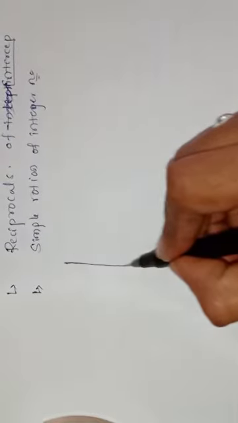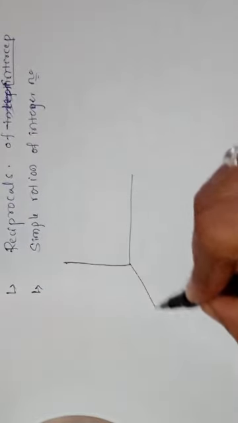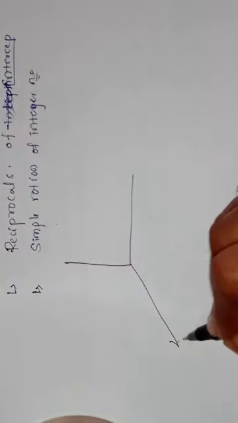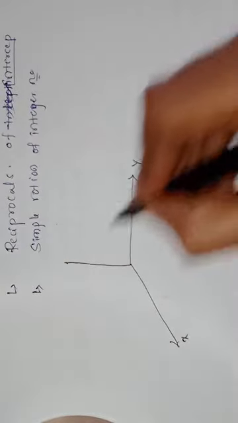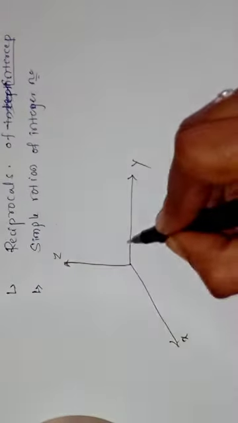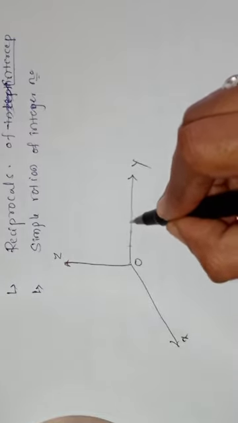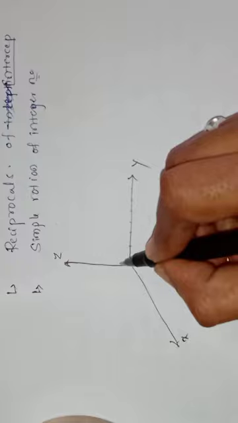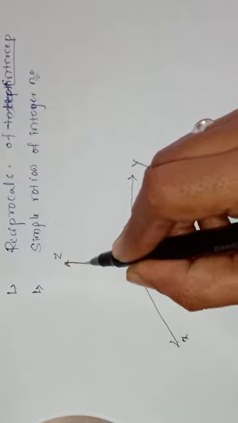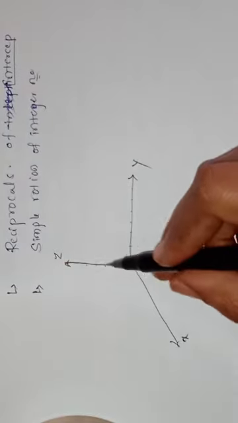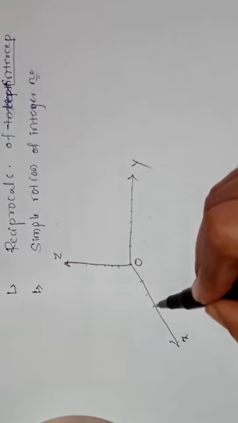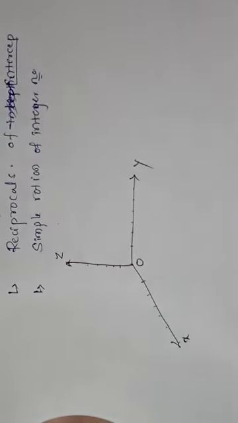So this is an XYZ plane. This is the x axis, y axis, z axis. Here it is the origin. Numbers are there on the y axis, numbers are there on the z axis, and many numbers are there on the x axis.